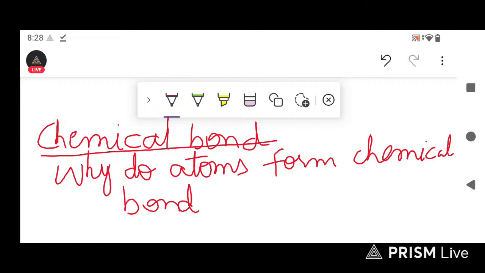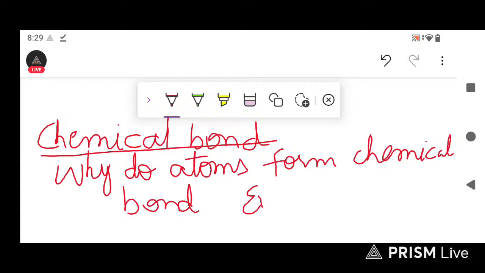Atoms have a natural tendency to decrease their energy, because when atoms are formed, their energy is very much increased. They want to decrease their energy to become stable. Lowering energy directly leads to increased stability.